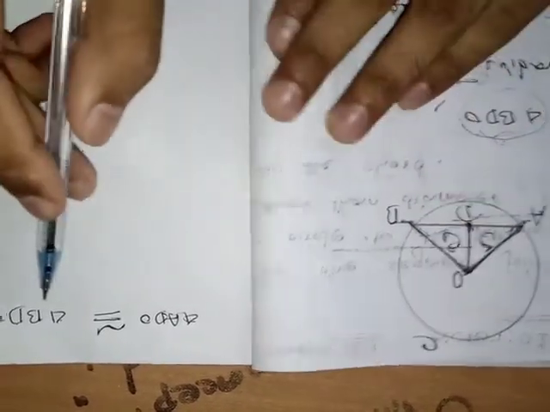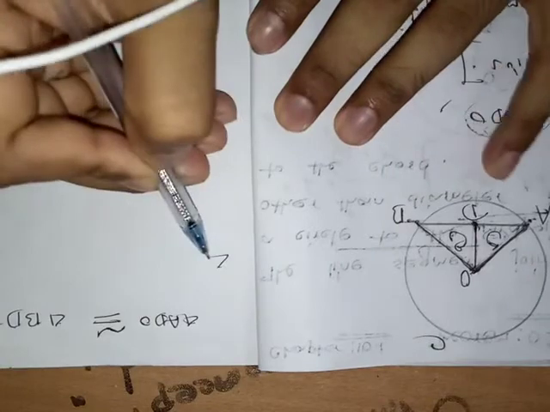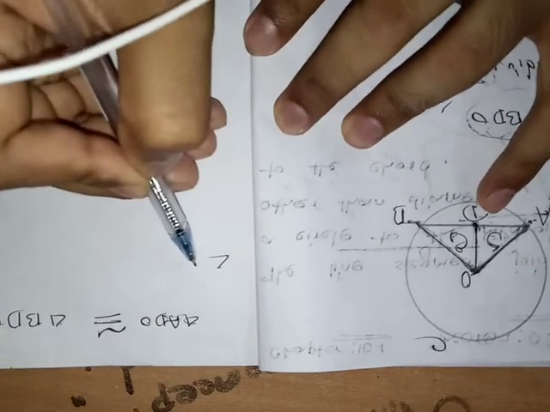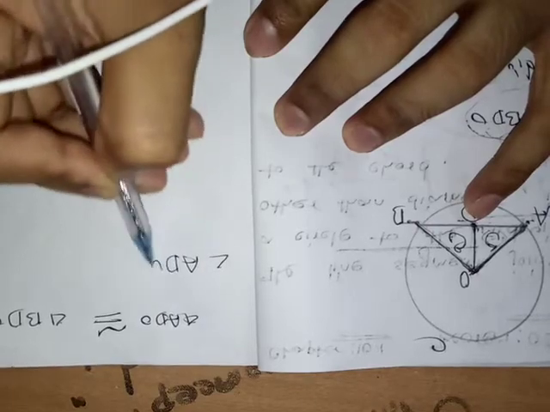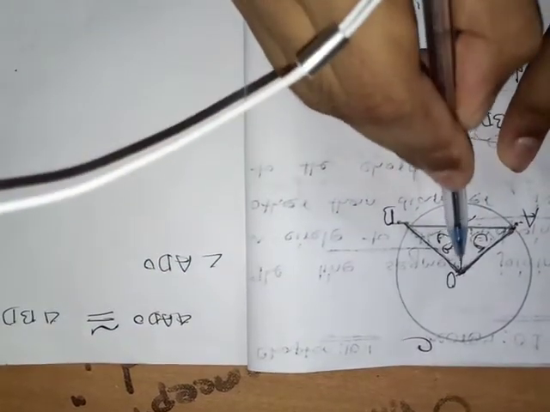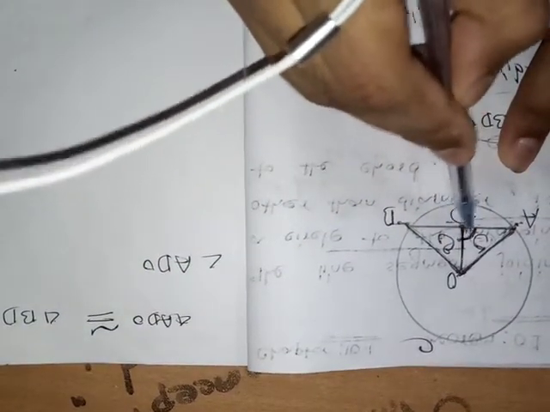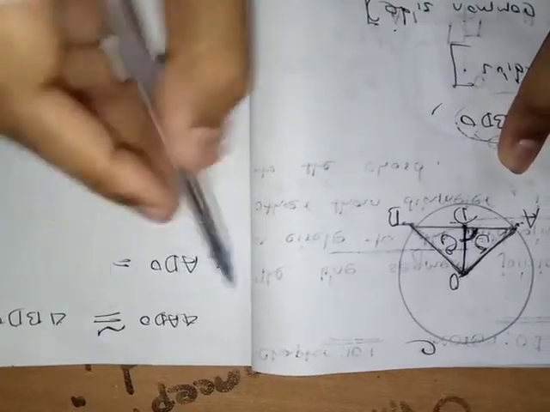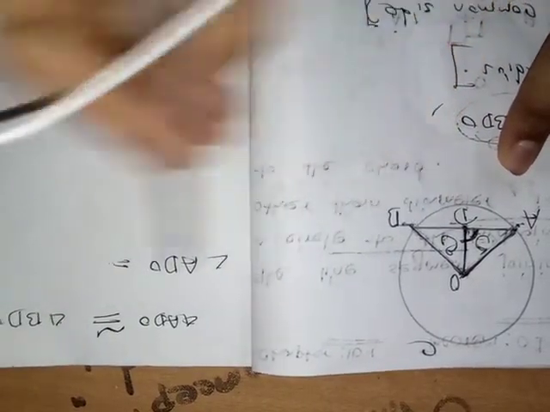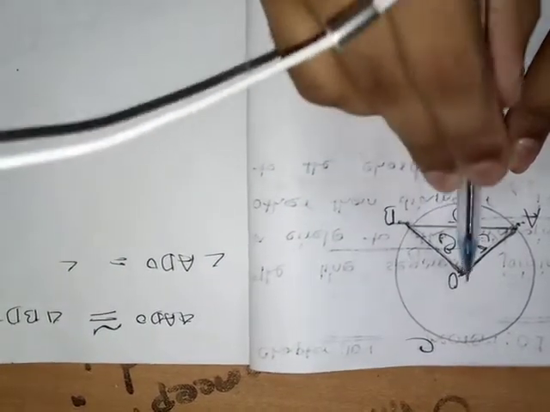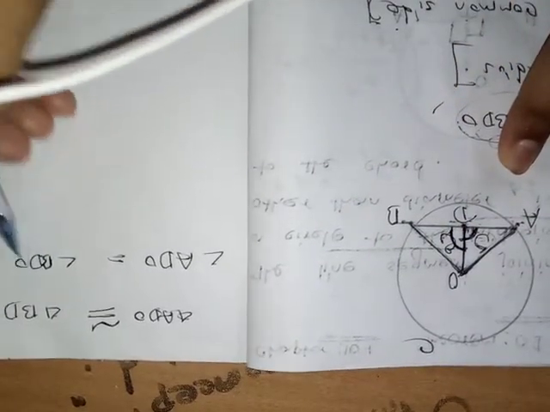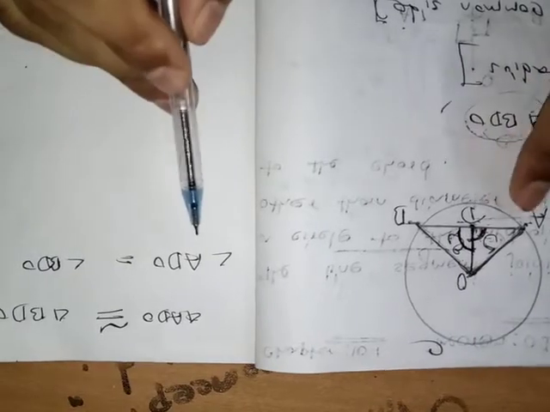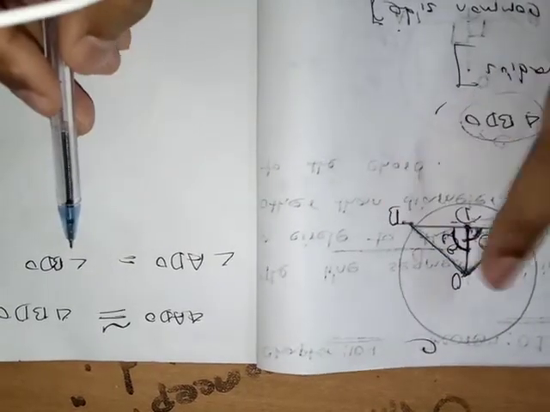So we can say angle ADO is equal to angle BDO.